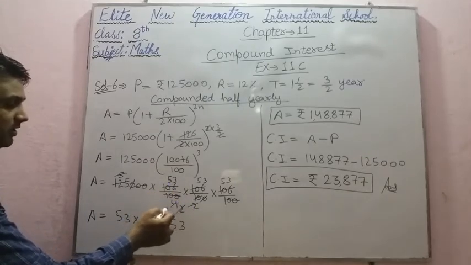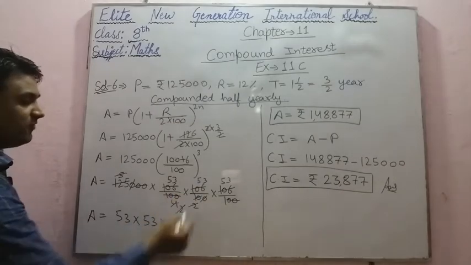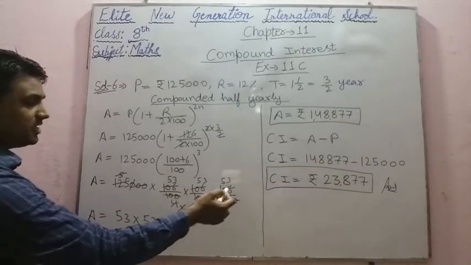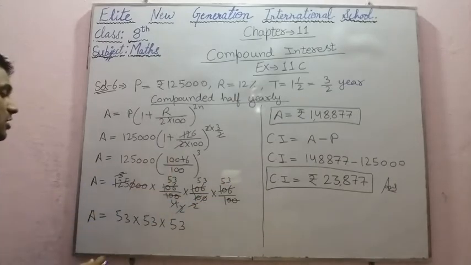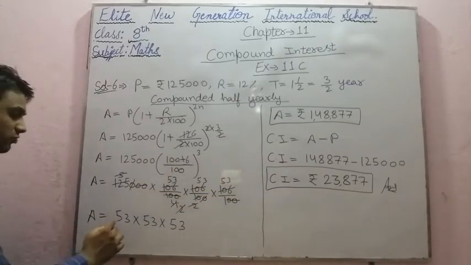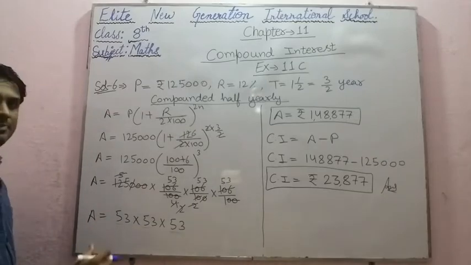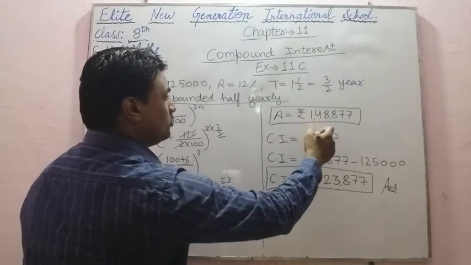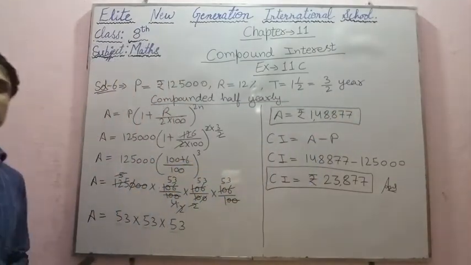Here also by the table of 2 we will cancel it, 2 times, and it will be 53 times. Similarly this 2 will be cancelled by this 106, 53 times. So here amount will be equal to 53 into 53 into 53. So when we multiply, amount will be equal to 1,48,877. So this is the amount.